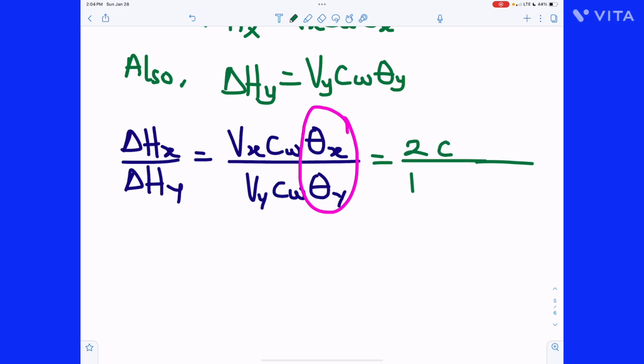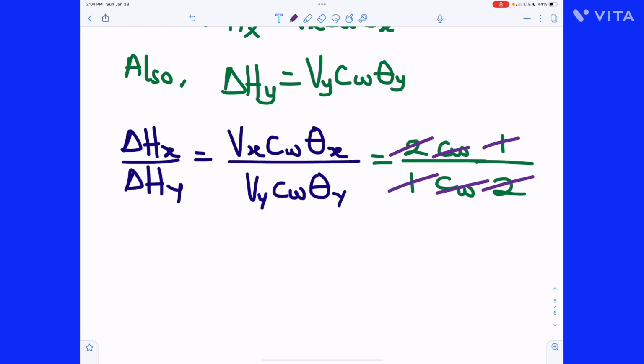Then cw will remain. Then for theta x over theta y, I will write 1 over 2. So at the end of the day, 2 we divide 2, 1 we divide 1, cw cancels. So your answer is 1 over 1. So the ratio of heat change in both flasks, delta hx over delta hy.